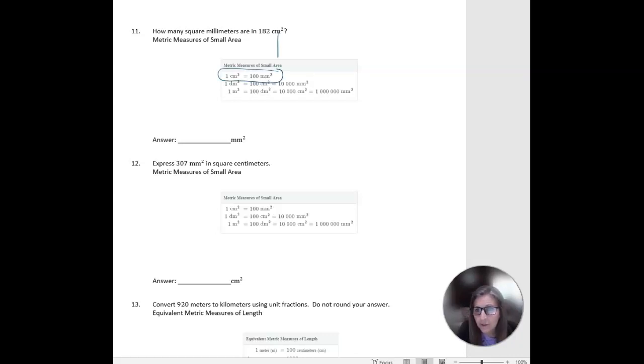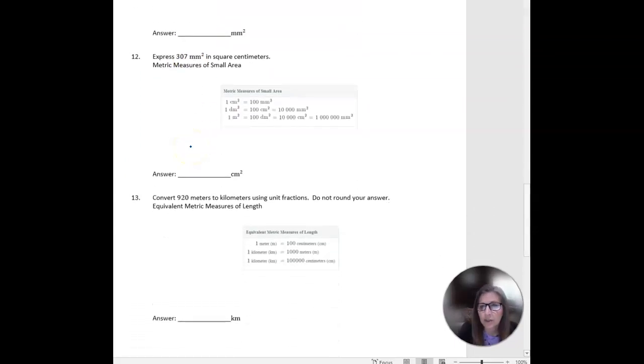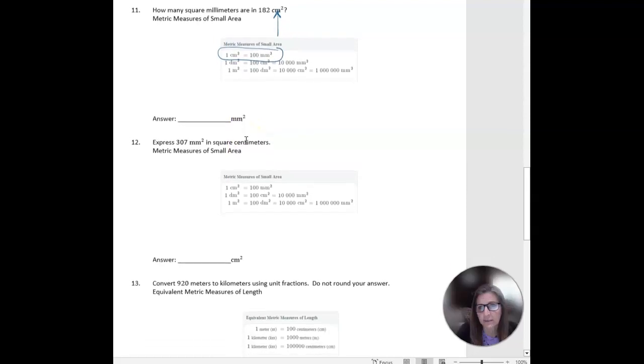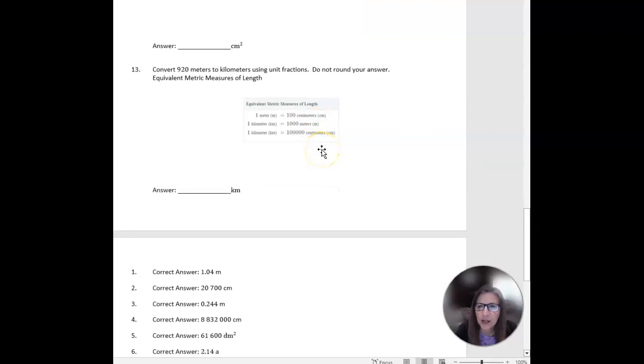So that's all you need for this particular problem. It's a one-step conversion. Number 12 is the same thing here. So these two problems are almost the exact same. You're going from centimeters to millimeters, or millimeters to centimeters, but you're going to use the same conversion fact. It's a one-step conversion.